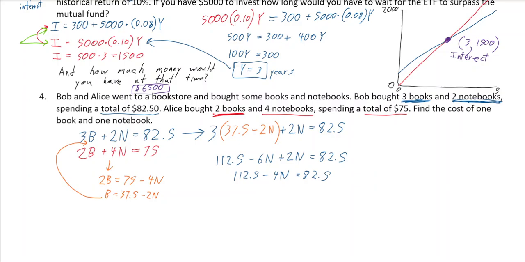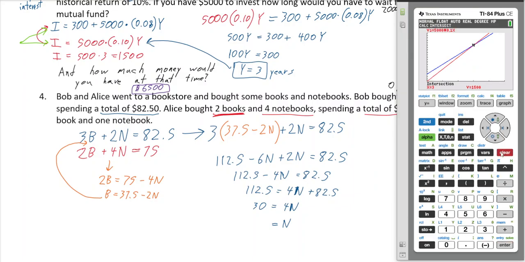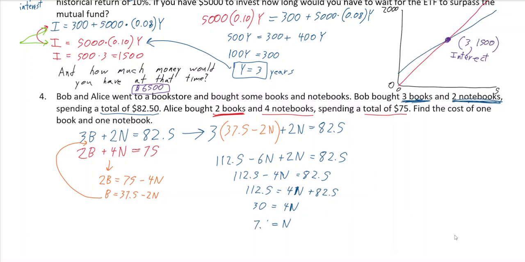Now we can add the 4N to both sides, which I would prefer if I wrote it like this. Okay, now I can subtract 82.5 from both sides. So we'll have 30 on the left and 4N on the right. Is that correct? Yes. And then you divide by 4 on both sides. Now that's not going to be an even number. So N equals 7.5. Okay, so that is our N value.